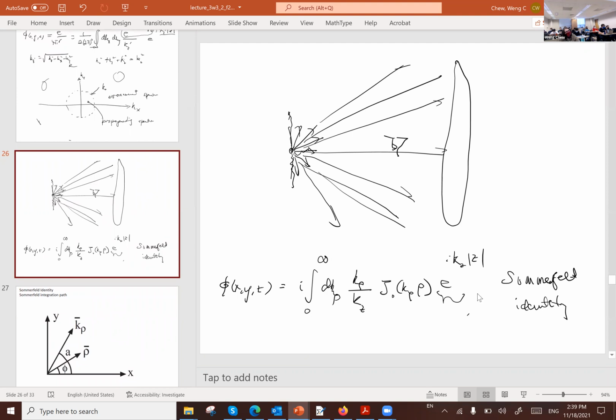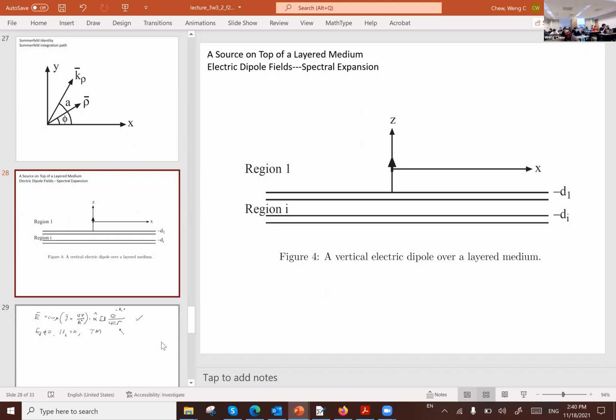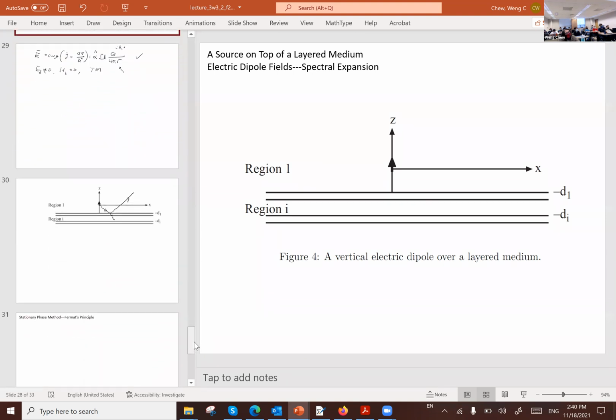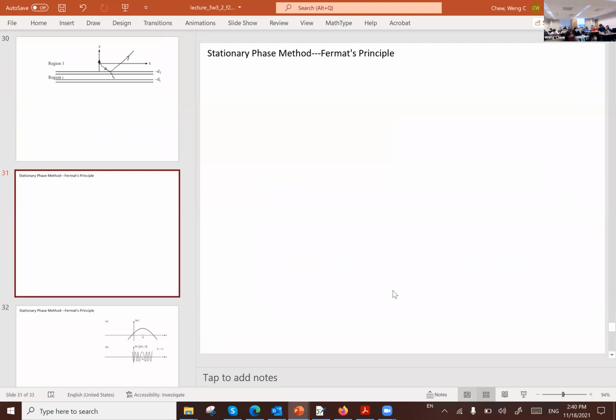And after you bounce this wave off a layered medium, it becomes very, very complicated. Okay, the reflected wave might look very complicated. And let me look at some of this integration. It might look something like this.